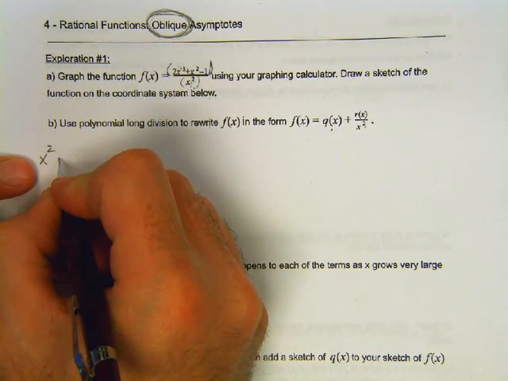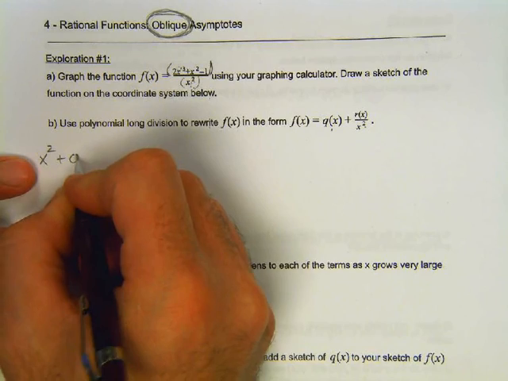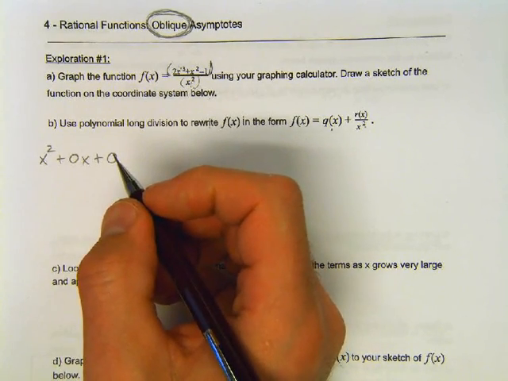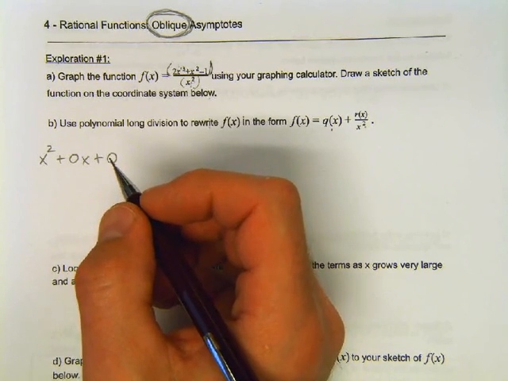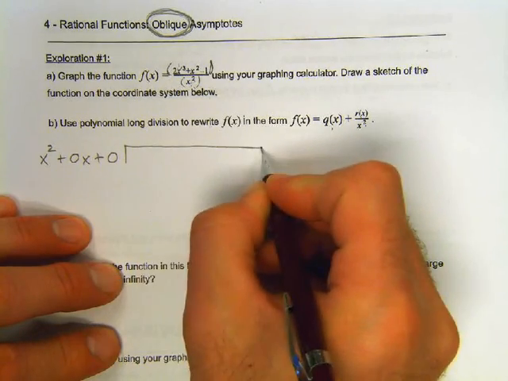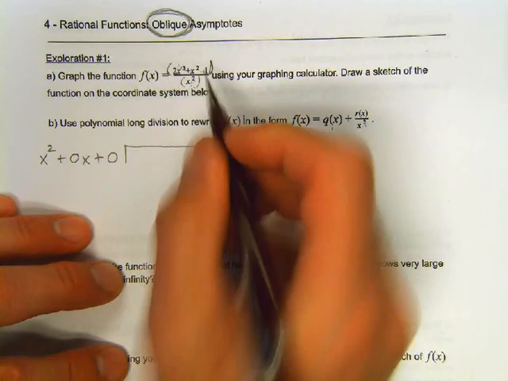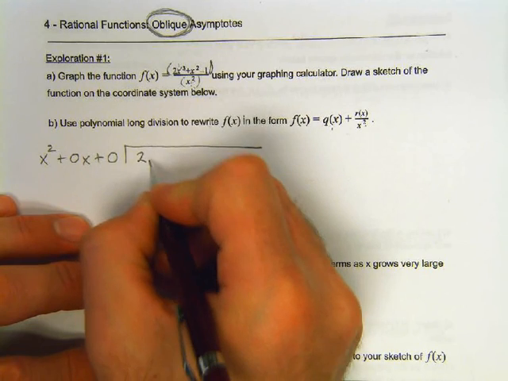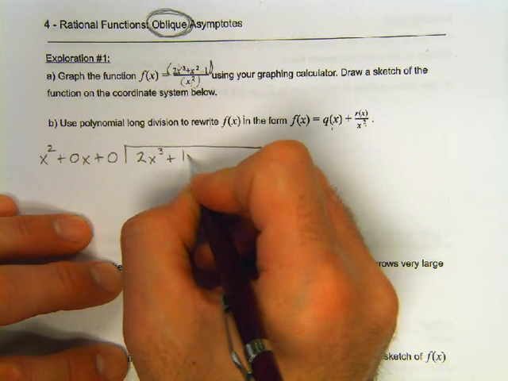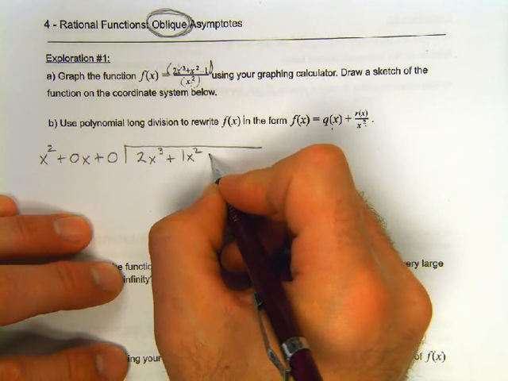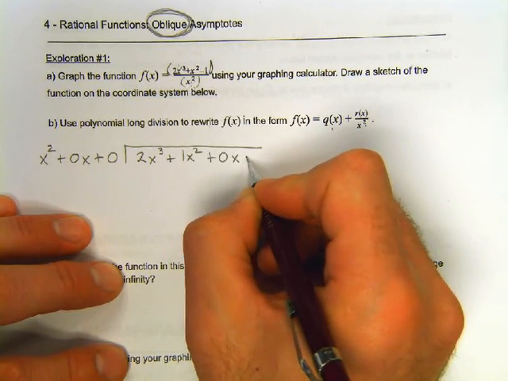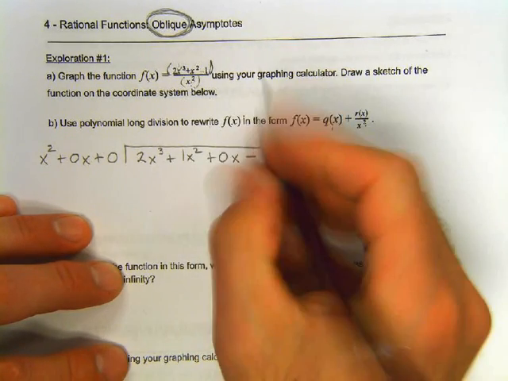Yeah, well, x squared is the same as x squared plus 0x plus 0. You agree with that? Of course you do. Okay. Now we're going to put the numerator, which is 2x cubed plus 1x squared plus 0x minus 1.